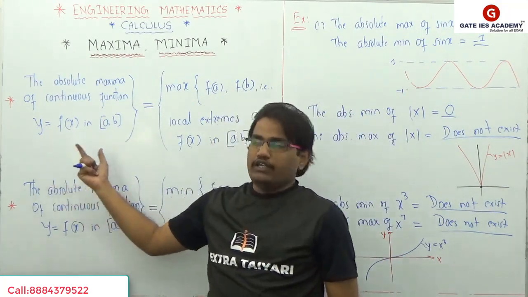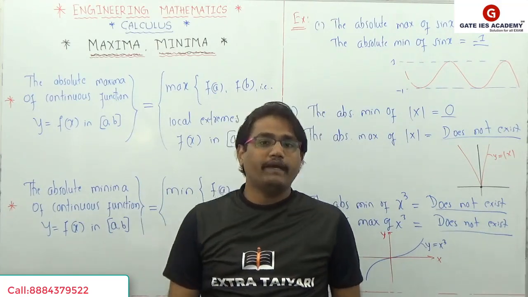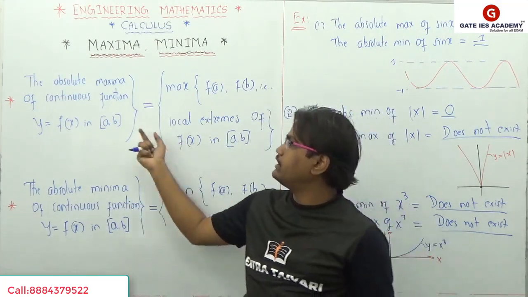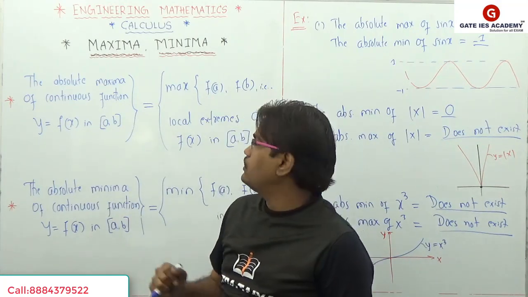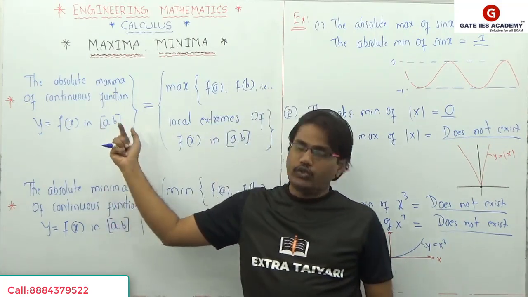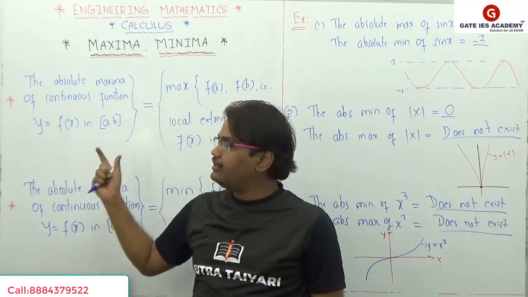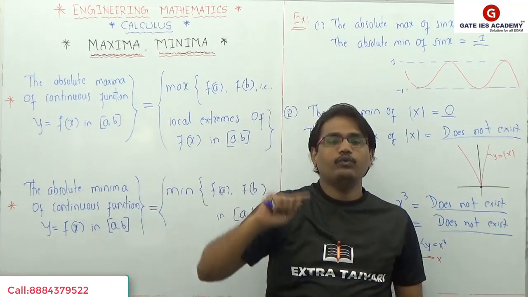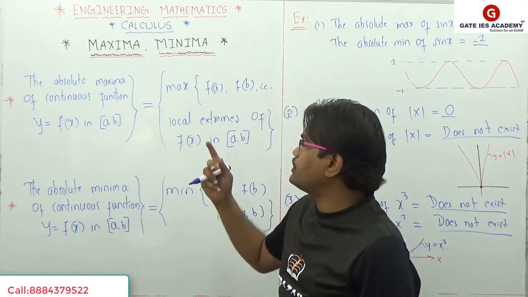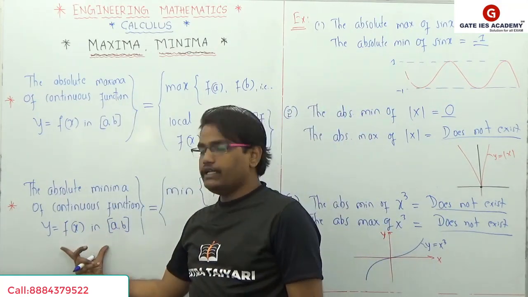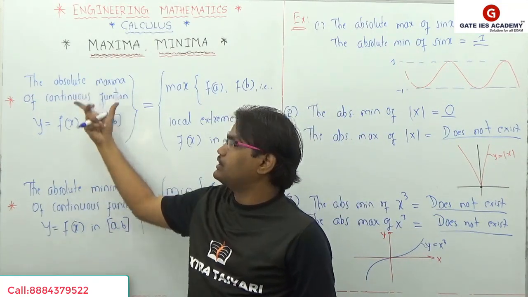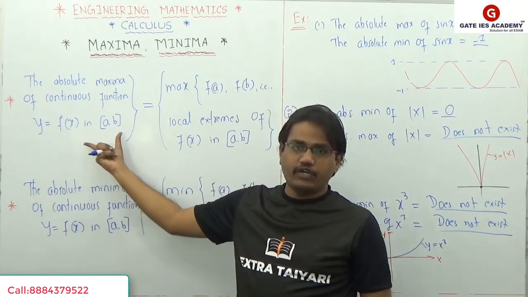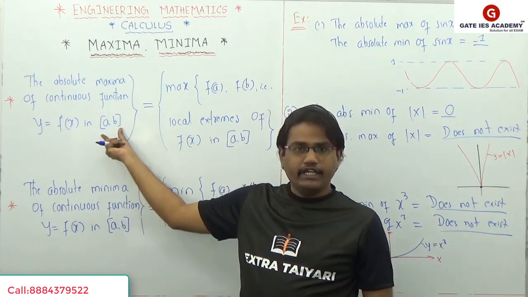So guys, here if you want to find out the absolute maximum of the continuous function in the given interval a comma b, that is from x equals a to x equals b. In this interval, if you want to find the absolute maximum or the absolute minimum, we will be discussing. What is the absolute maximum in this function for the interval a comma b?